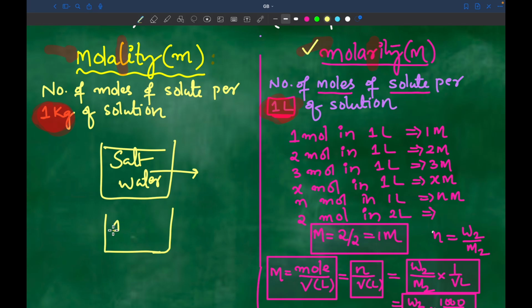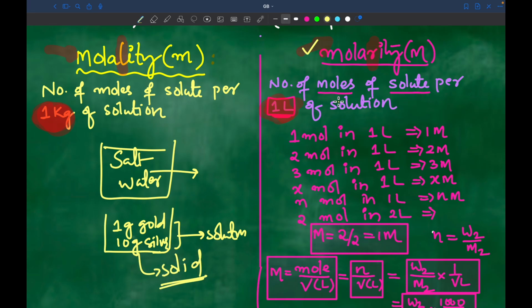For example, I have added 1 gram of gold to 10 grams of silver. This is also a solution, right? But being a solid solution, it does not involve volume. So the volume term is not involved in molarity.